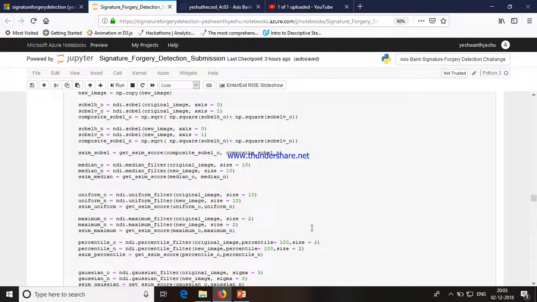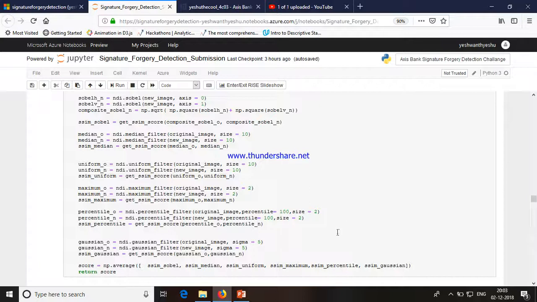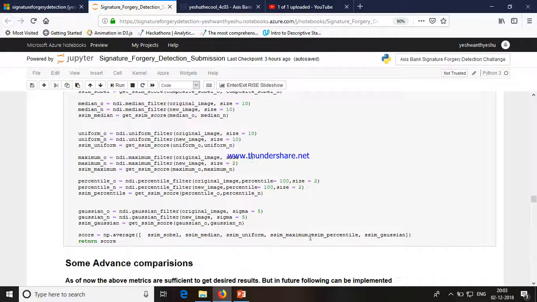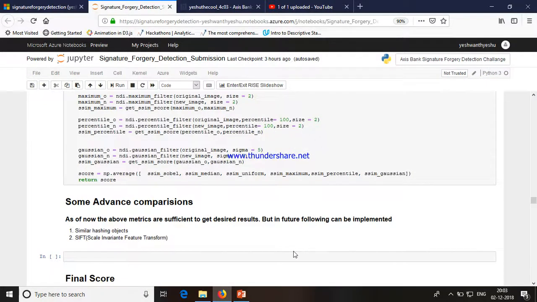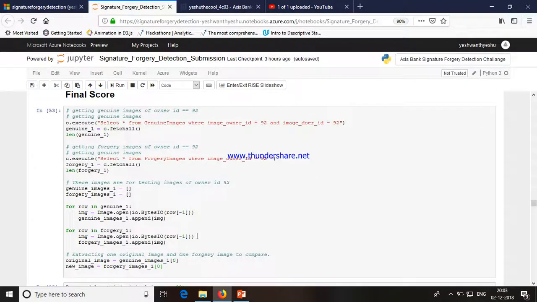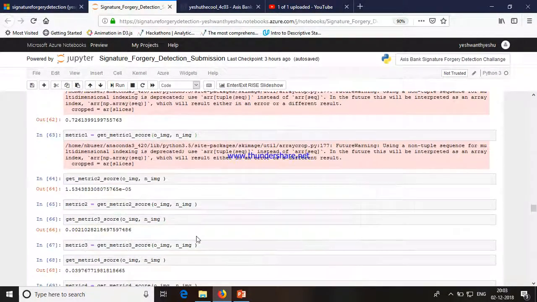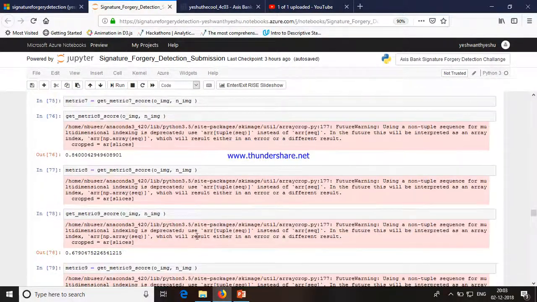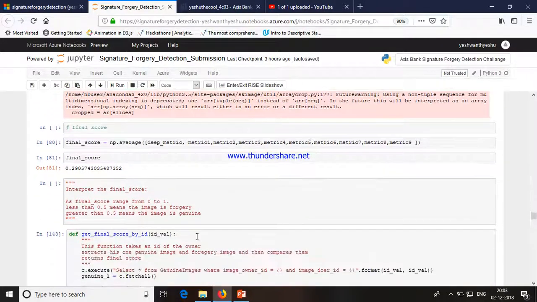Then we use other filters as well, like Gaussian, percentile, minimum, maximum, and uniform filters, to find all the variations or differences in a signature. And then we find a final score which helps in deciding whether the signature is forged or not.